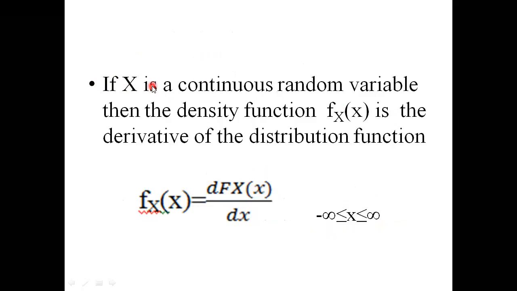Next, if x is a continuous random variable, then the density function small f of x is the derivative of the distribution function. So the formula is small fx of x is equal to the derivative of the distribution function, where x is between minus infinity and infinity.